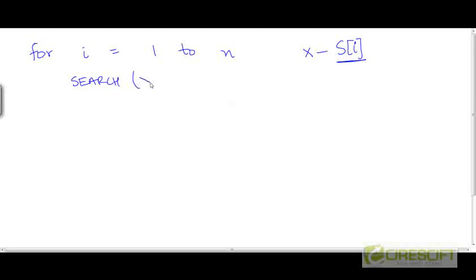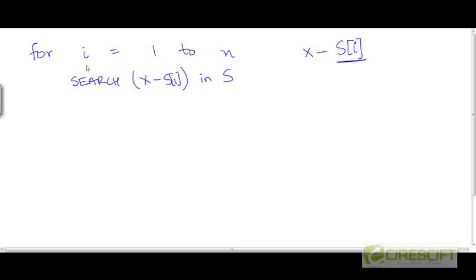So we are going to search for x minus S of i in the set S. And how much time would it take to search for this value in S? Well, if we use linear search to search for a given element in S, then that's going to take theta of n time in the worst case.